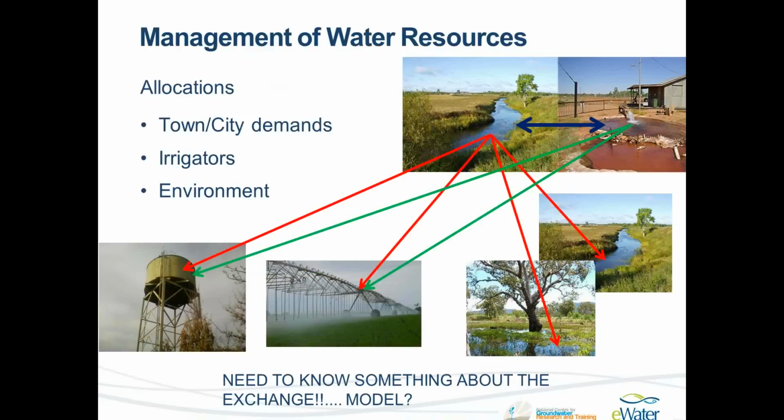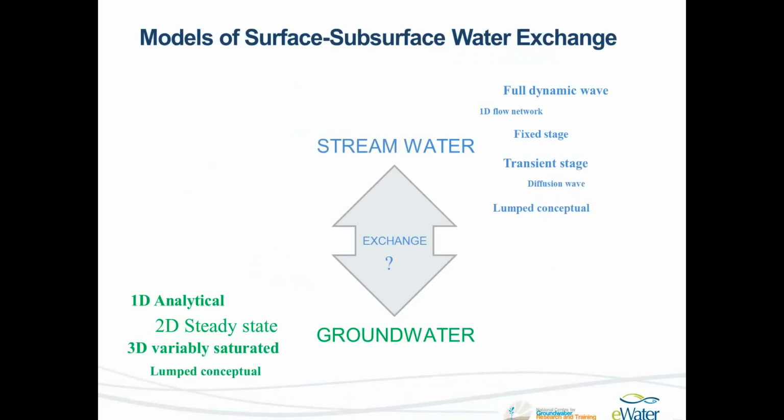The way we do this is we create a model either of our stream or of our groundwater system, and there's lots of different models available. For example, we can have a very complex full dynamic wave to simulate our stream water. We can use a less complex diffusion wave, and even more we can shift towards the lumped conceptual versions.